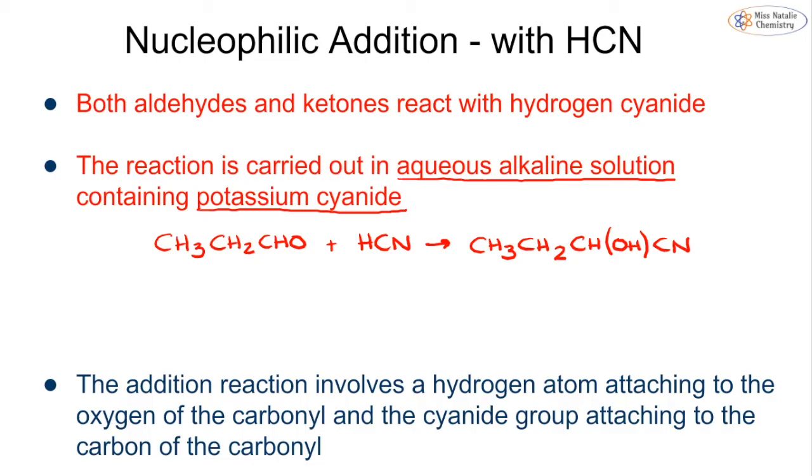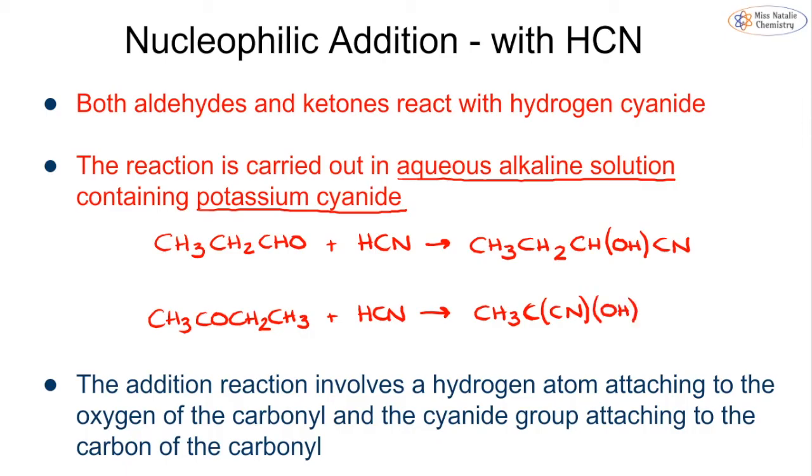If we were to add it to butanone, which would obviously be a ketone, we would have CH3COCH2CH3, again adding the HCN, and this time our CN is a group here, and we also get the hydroxyl group on that same carbon, with CH2CH3.